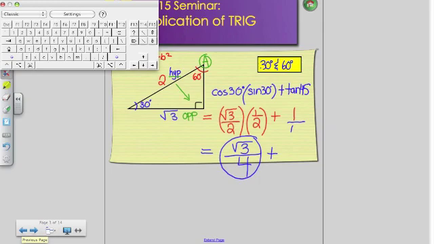Yes, I'm going to multiply both my numerator and my denominator by 4 to get 4 over 4. So my final answer, put everything over 4, and I have root 3 plus 4. Remember, the root 3 cannot be combined with anything but another radical 3. Does everyone understand that? It's just applying the rules you have right now to the radicals.